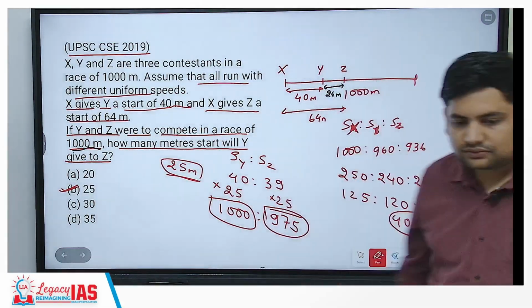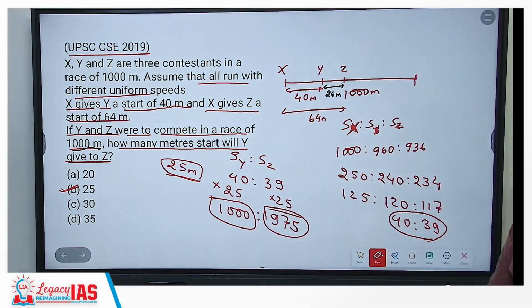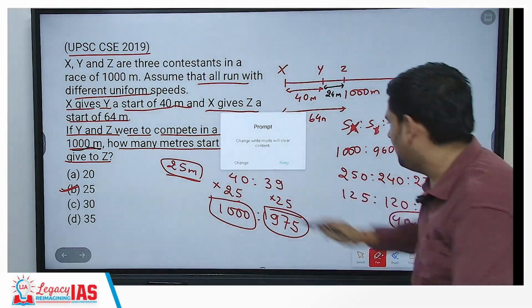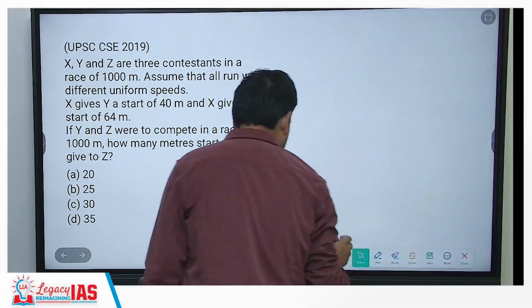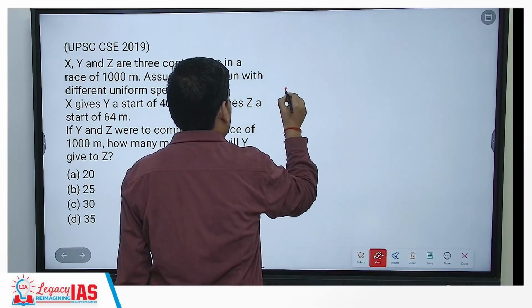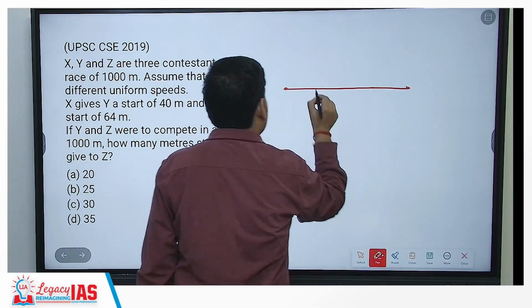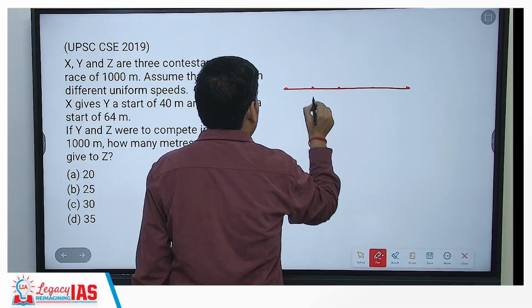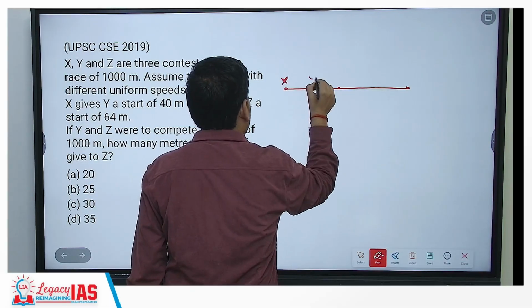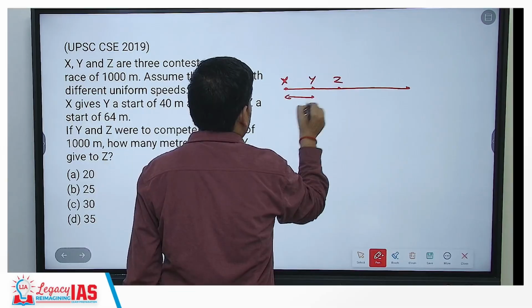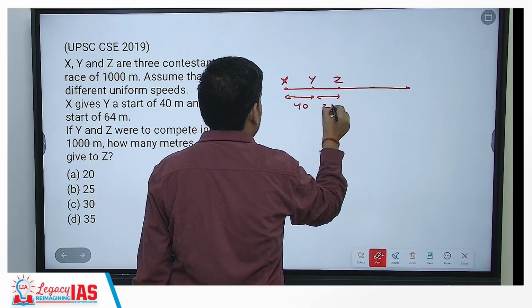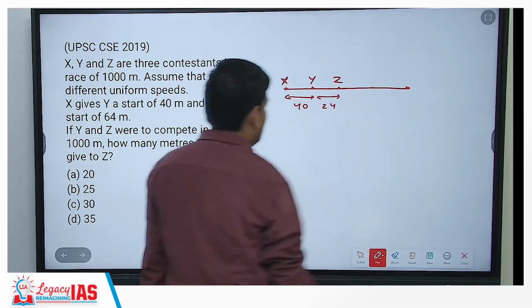Understood? Now let's see a much faster way of doing this. This is fine. Okay, now see this. Simple unitary method will follow. So this is X, this is Y, this is Z, this is 40, this was 24, and this was the end of the race.